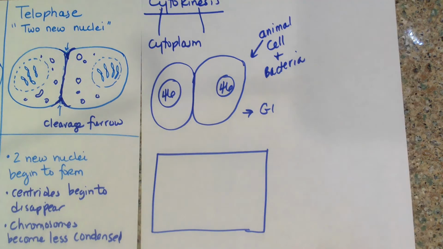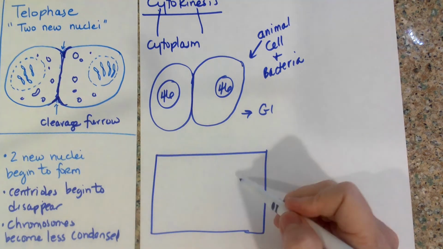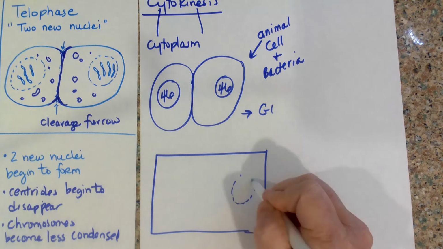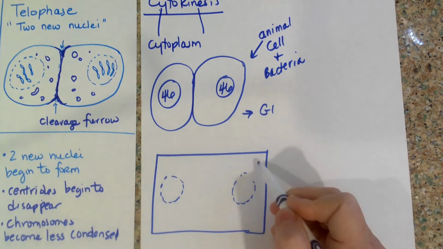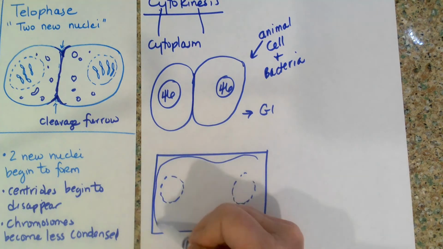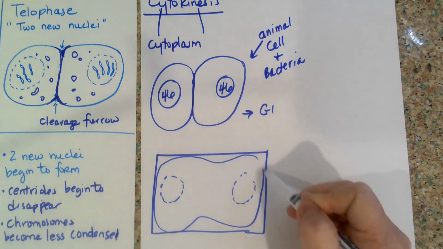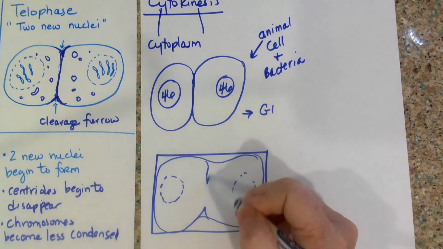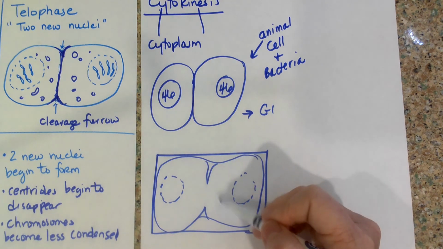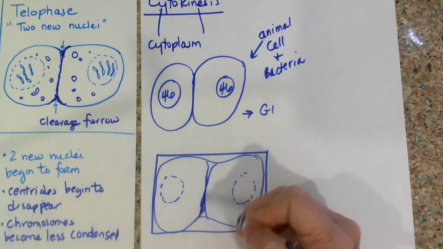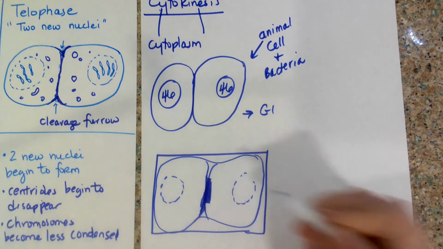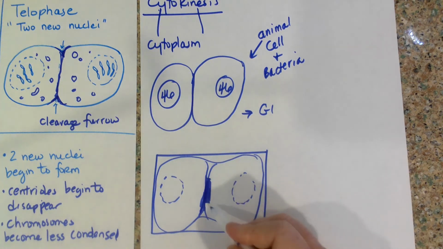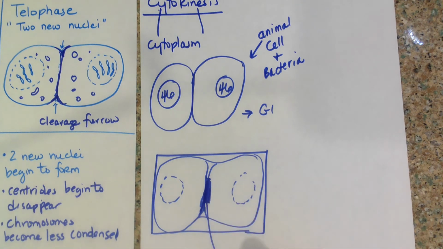But a plant cell has its new nuclei forming here and here, but it can't really pinch in anything. Okay, so its plasma will separate, and its cytosol will separate, but then it starts building a wall. It builds a wall from the middle to the outside, and this middle wall is called a cell plate.